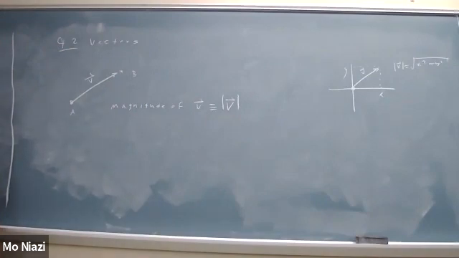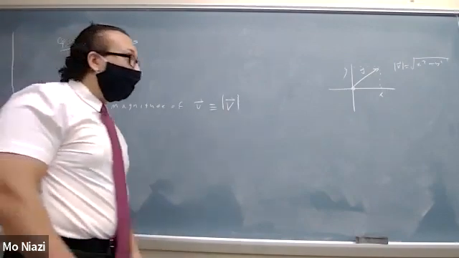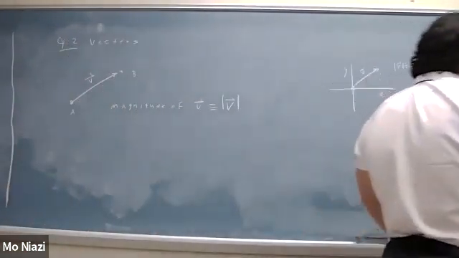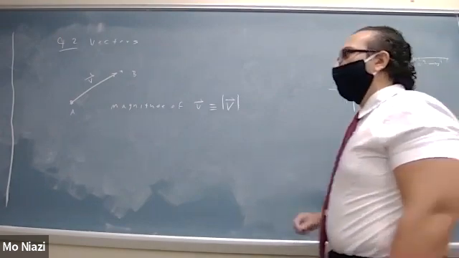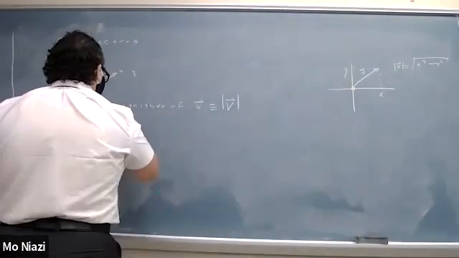Numbers have magnitudes. What is the magnitude of 4? Absolute value of 4. What is the magnitude of -7? Absolute value of -7. 7. They all have magnitudes. But a vector also has another piece of information which makes it more interesting than just any old numbers. Pure numbers are typically referred to as scalars.